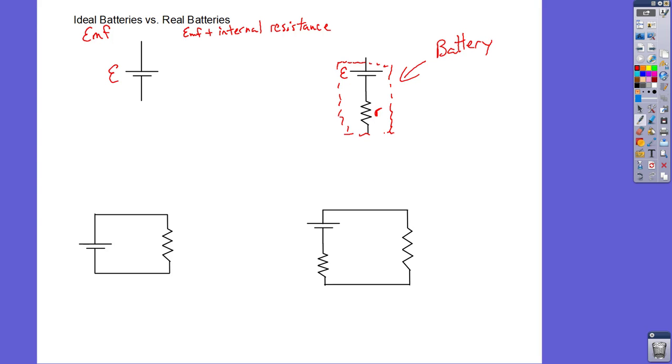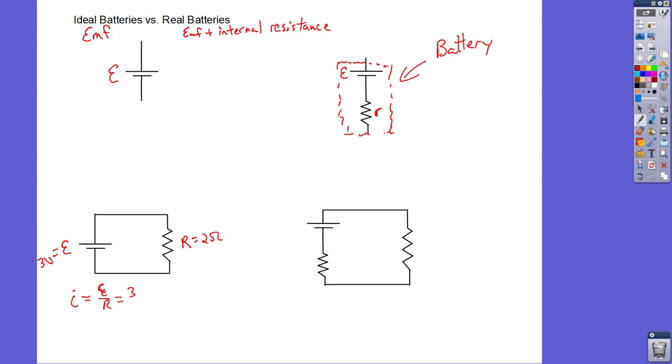And so in the ideal case, whatever the EMF is, so let's say we have an EMF of 3 volts and a resistance equal to 2 ohms, something like that. Then in the ideal case, the current is going to be really simple. It's just going to be the EMF over the resistance.